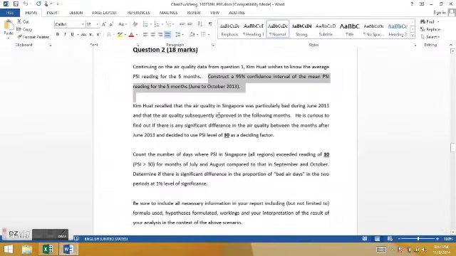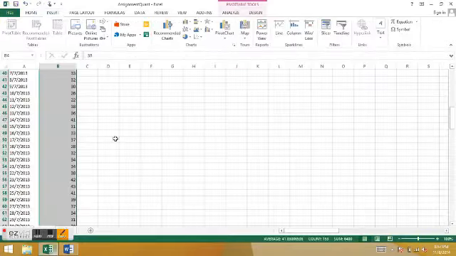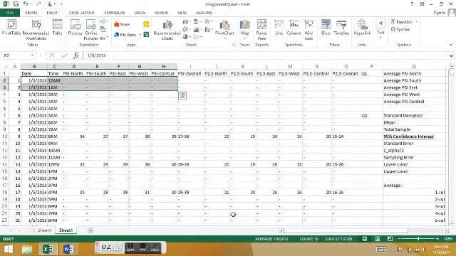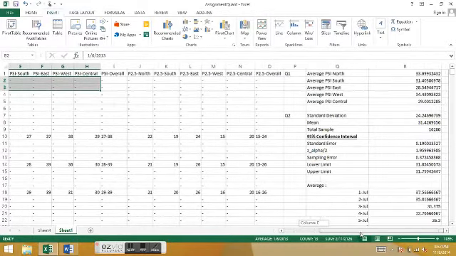Okay, so for question 2, they ask us to construct a 95% confidence interval of the mean PSI reading for the 5 months from June to October 2013. For the second question, we compute the standard deviation for 5 months.